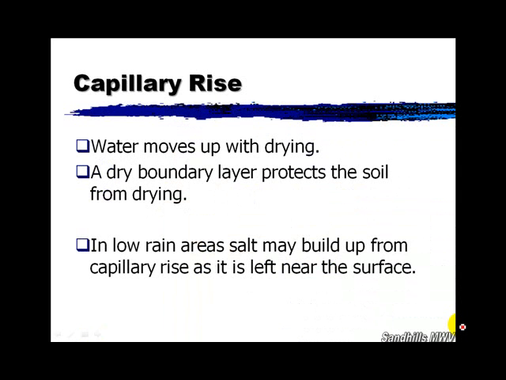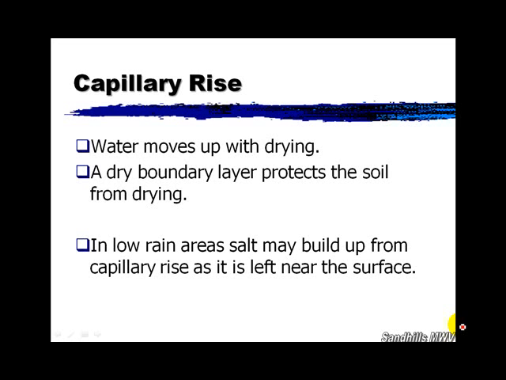So capillary rise, again, is water moving up as the soil dries. One thing, though, we oftentimes get a crust on the top or a dry layer. This will help keep moisture in the soil. And also a big problem is in very arid areas in the desert, where we don't have large rains to flush salts through the system.